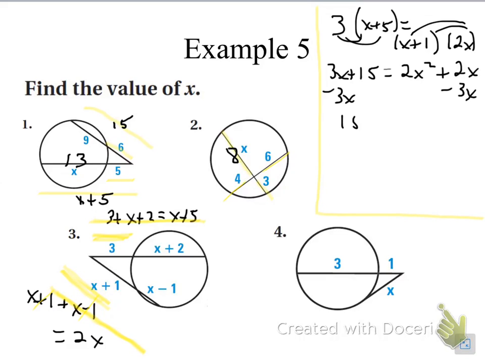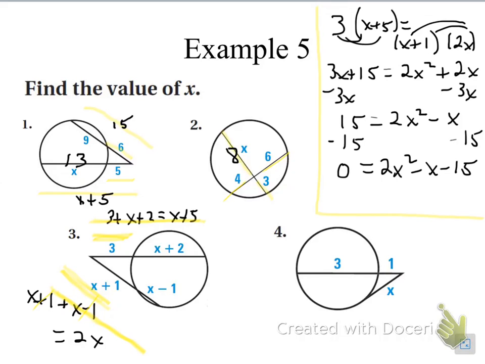So I'm going to get 15 equals 2x squared minus x. Then I'm going to subtract 15. I'm going to get 0 equals 2x squared minus x minus 15. Well, I'm going to need some space to do the factoring on this. So I'm going to go to the next page, and I'll come back with the answers.